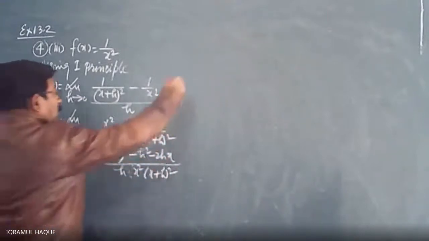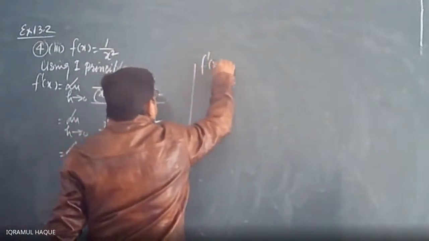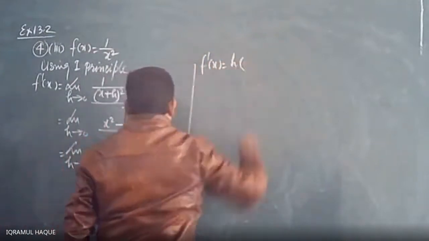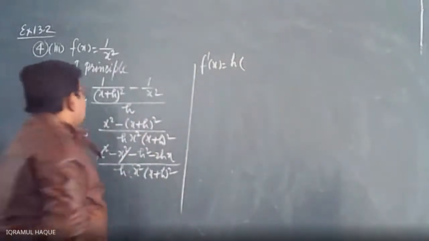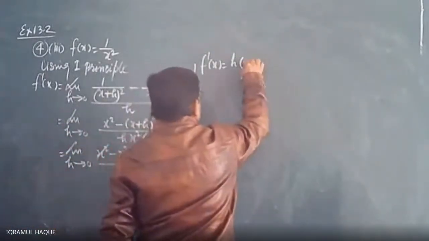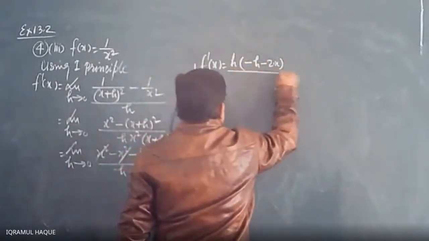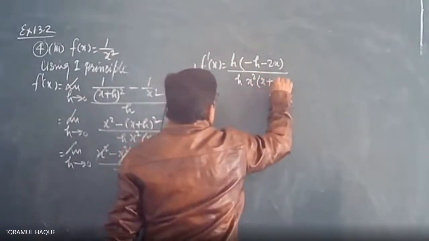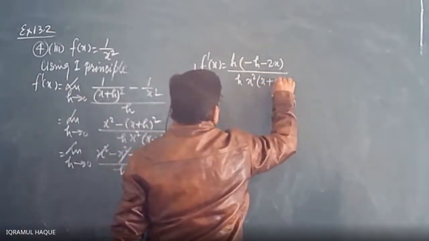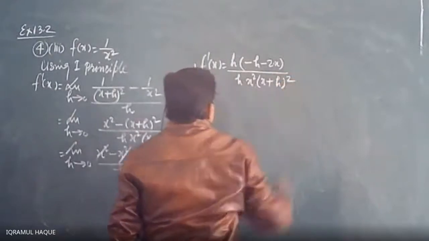H is common. So we have f dash x is equal to, h is common, so we have minus h minus 2x upon h into x square (x plus h) whole square.